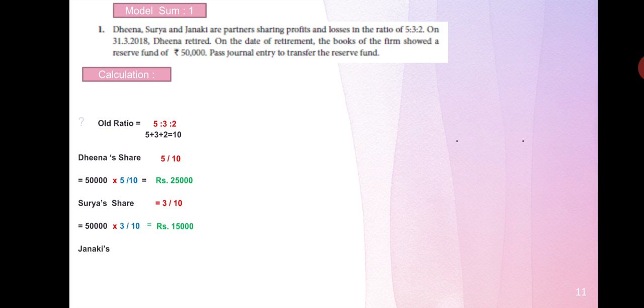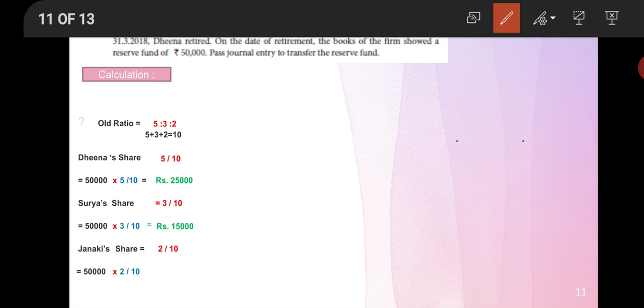Next, let us calculate for Janaki. Janaki's share is 2/10th portion. So out of 50,000, how much will Janaki get? Let us simplify. Zeros will get cancelled. Numbers you first multiply: 5 into 2, 10 you are getting.